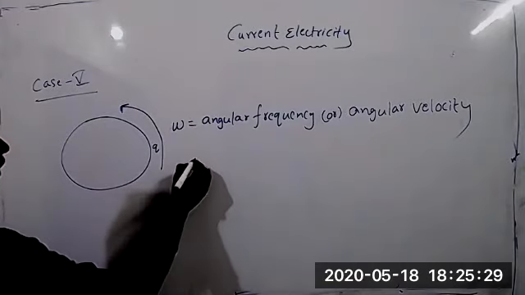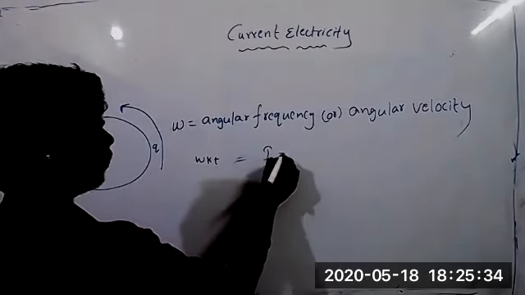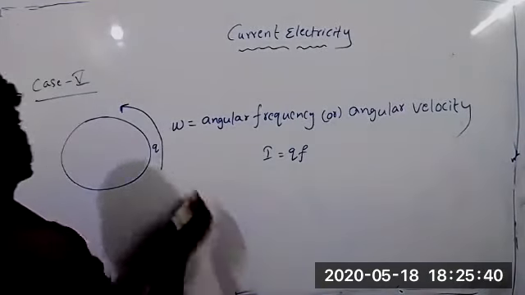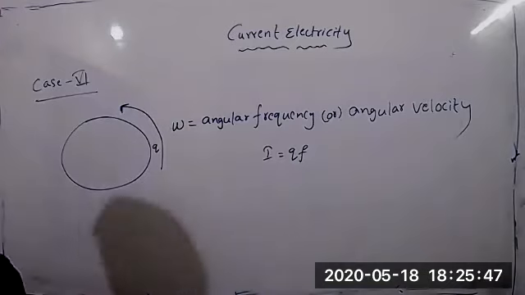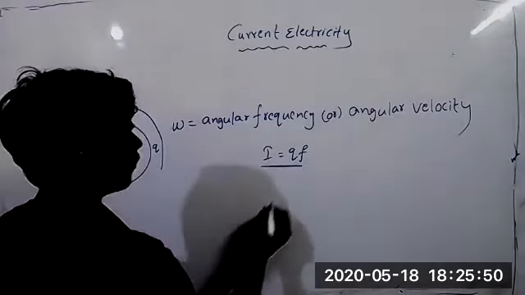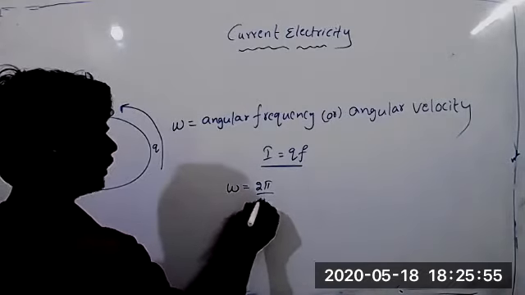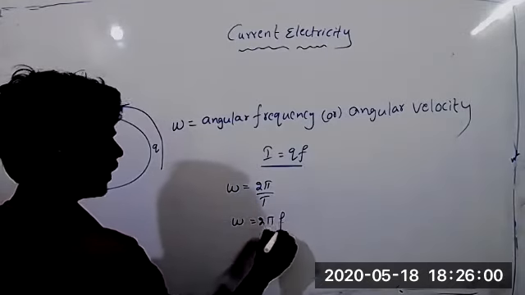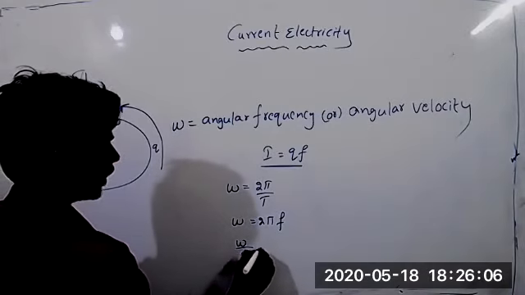What is the current? We know that before this case, we calculated I is equal to Qf. This is case 6. Now, omega is equal to 2 pi by T, so omega is equal to 2 pi f, and from this omega by 2 pi equals f.